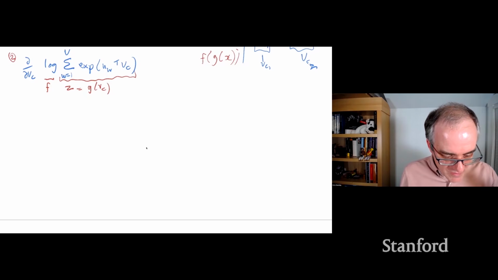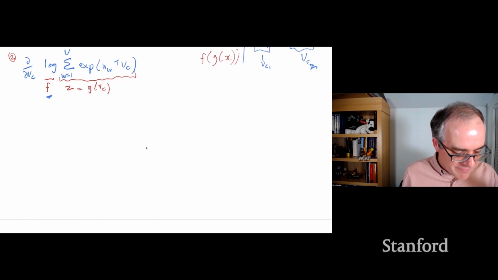Okay, so when we then want to work out the chain rule, we take the derivative of f at the point z, and at that point, we have to remember that the derivative of log is the 1 on x function.